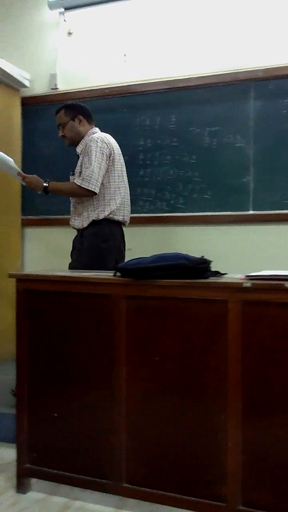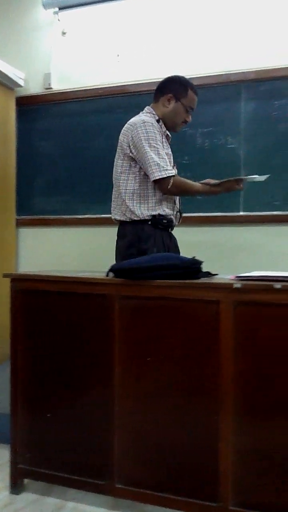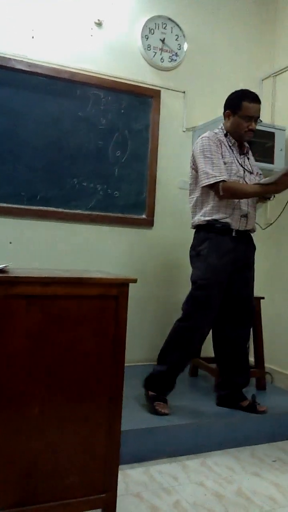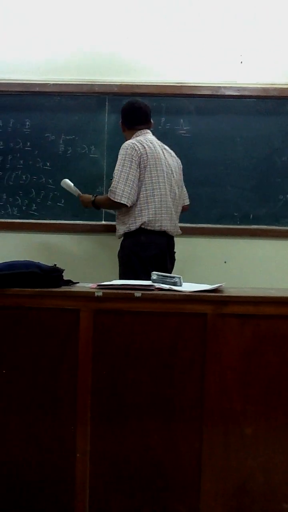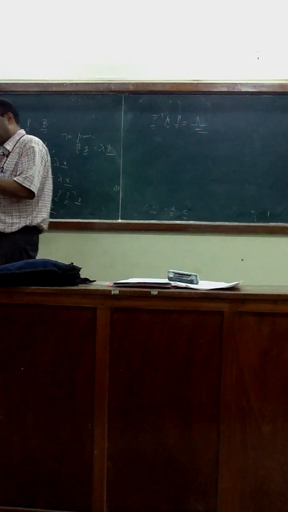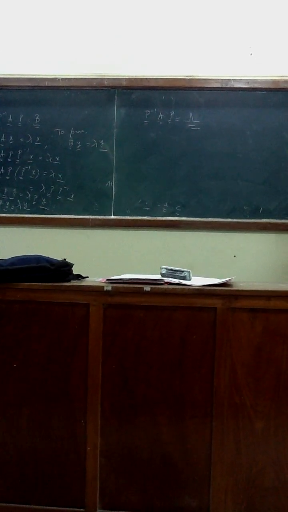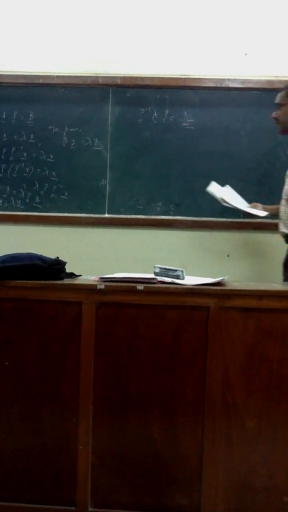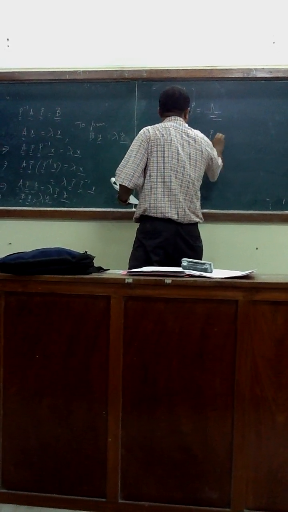How to do it? We have proved already. How to prove if I ask? We have already proved it because the P matrix will be constructed in terms of eigenvectors, and we can actually prove that AP equals P lambda.